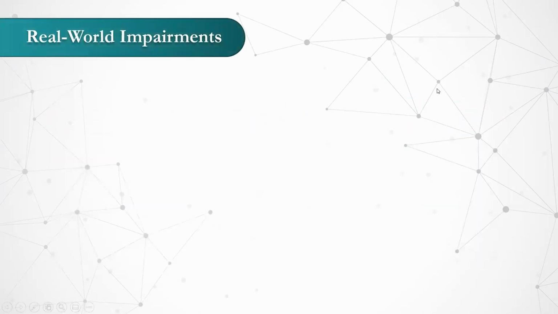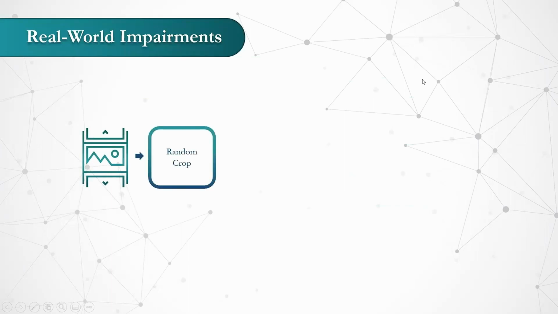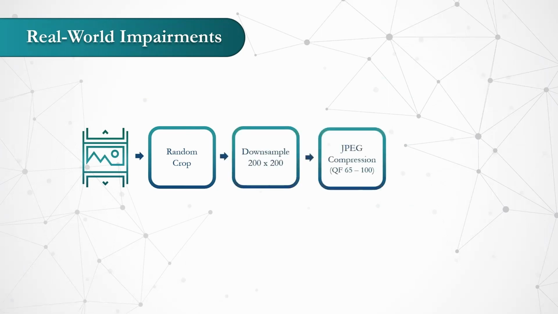In order to simulate the impairments that real-world images may encounter, a series of pre-processing steps are applied to the synthetic images. These steps involve random cropping, resizing to a standardized resolution of 200 by 200 pixels, and subsequent application of JPEG compression. These procedures are implemented to consider potential image artifacts that could distort the visual content, thereby posing challenges for synthetic image detection tasks.